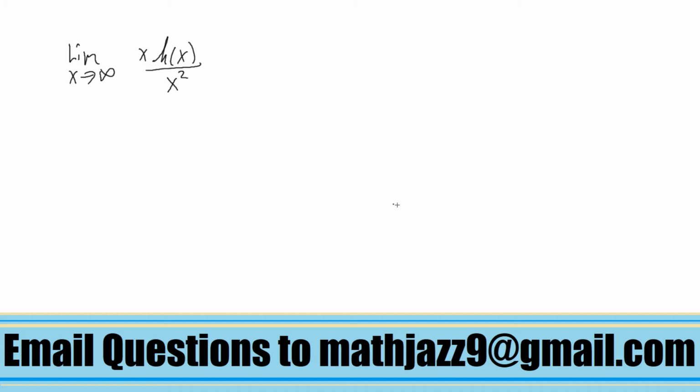We automatically get some really nice cancellation going on. So we already can cancel out an x from the top and bottom. That's going to give us a new limit of the limit as x goes to infinity of ln x over x.